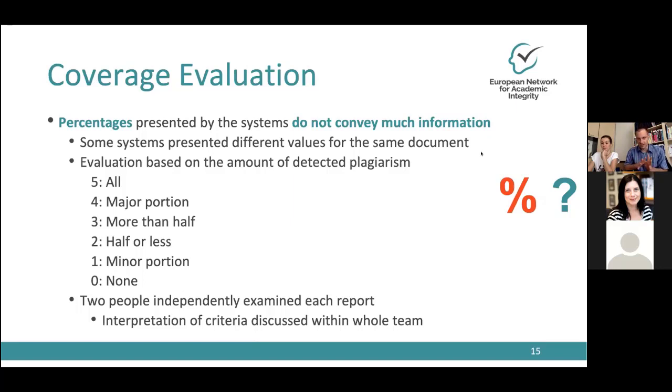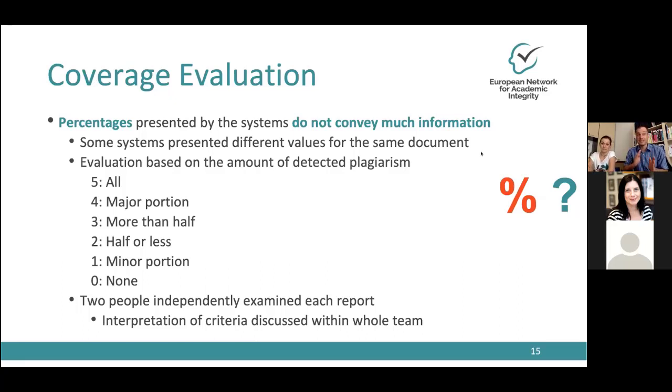And we evaluated performance of these systems in 2 sets of criteria. First was coverage evaluation, and we were interested in how much of known plagiarism the system found. Very quickly, we figured out that the percentages presented by the systems do not convey much information.